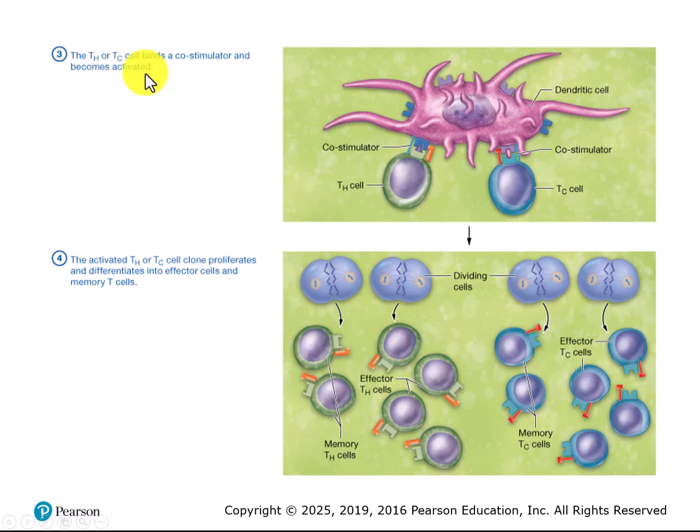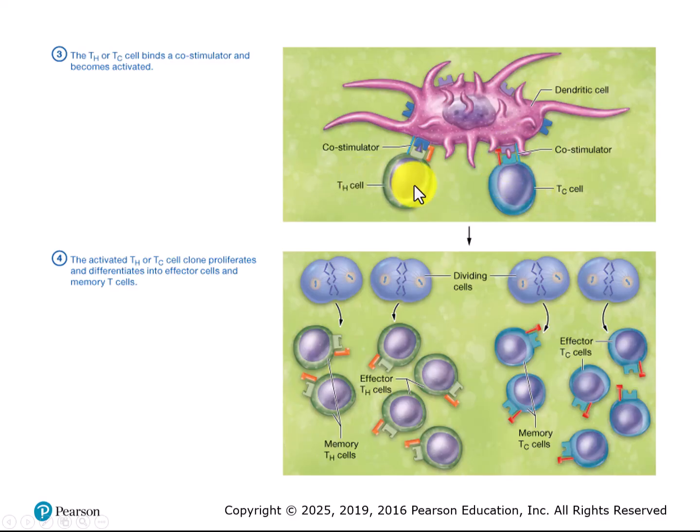A way that the body prevents accidental activation is that the dendritic cells have a co-stimulator, and the other cells in the body don't have this co-stimulator. So the cytotoxic T cell has to see the MHC class 1 and the co-stimulator.